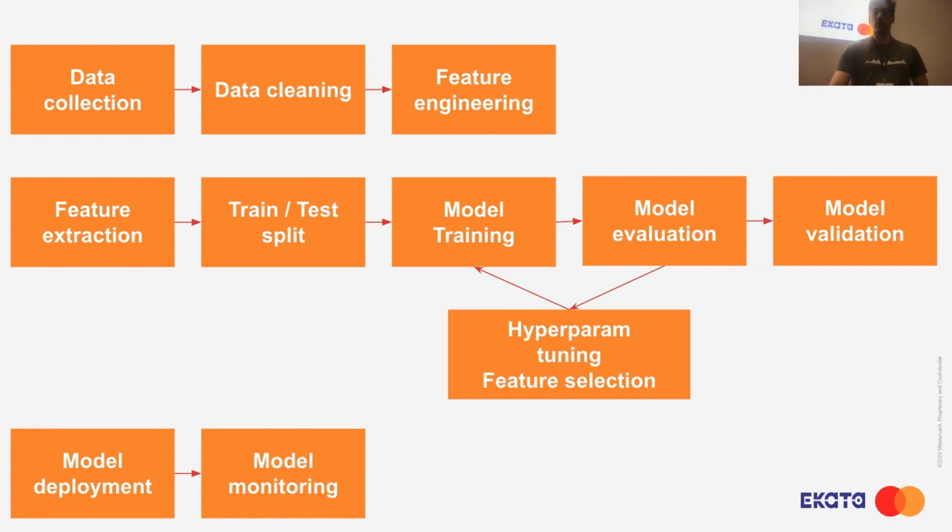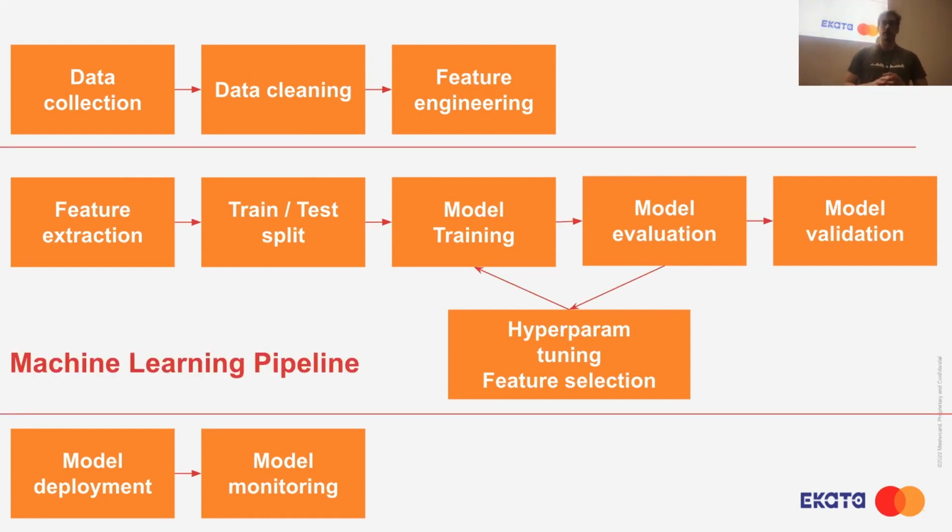So our machine learning pipeline takes care of this middle layer, from feature extraction to the model validation. And when we were designing a system to tackle this, it was easy to find some pressure points that we really have to take care of.